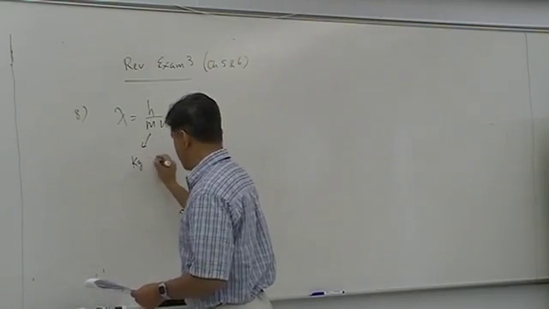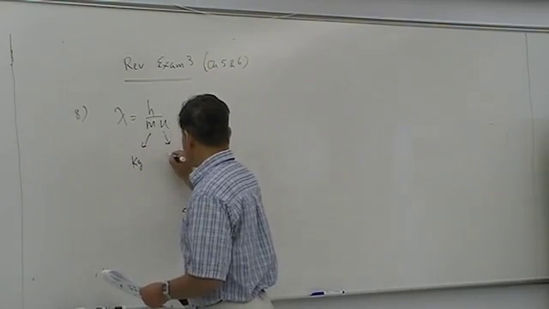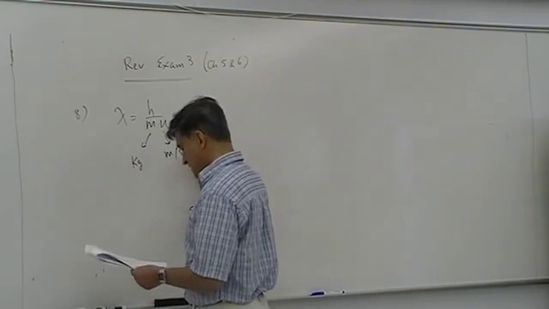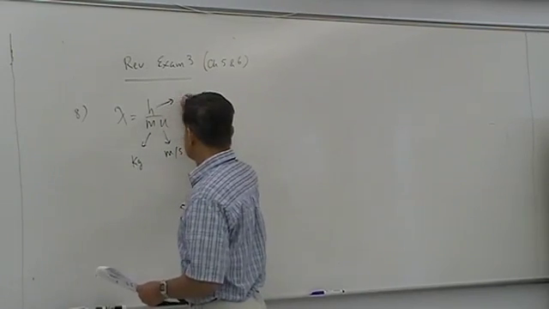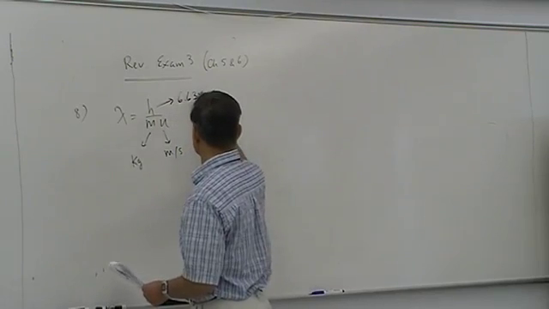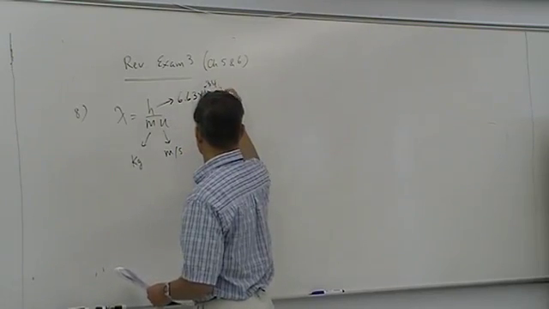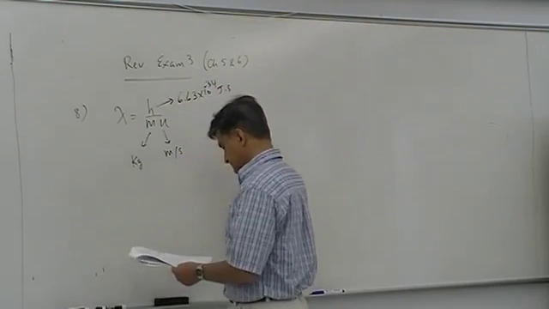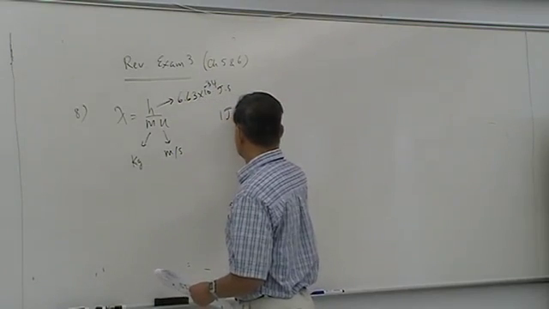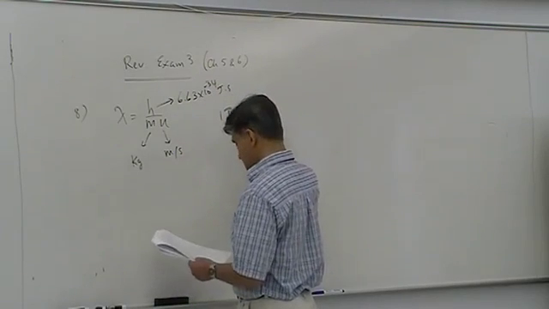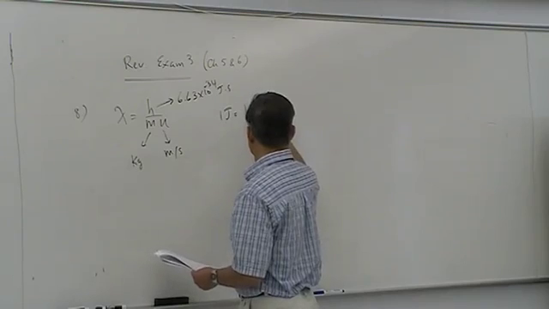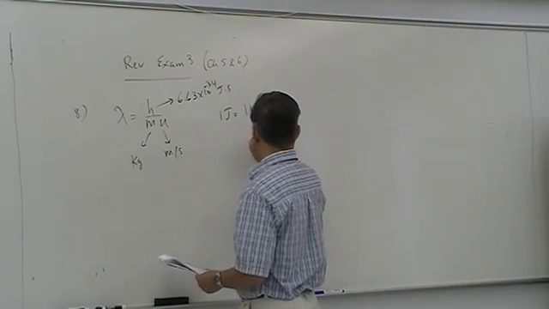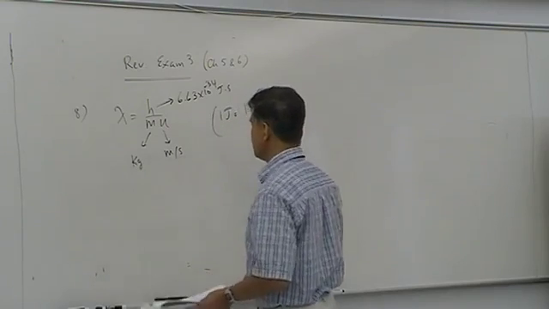Mass has to be in kilogram. This has to be meter per second. And this is 6.63 times 10 to the negative 34 joule times second. And 1 joule is 1 kilogram meter squared per second squared. So keep these in mind when you do this problem.